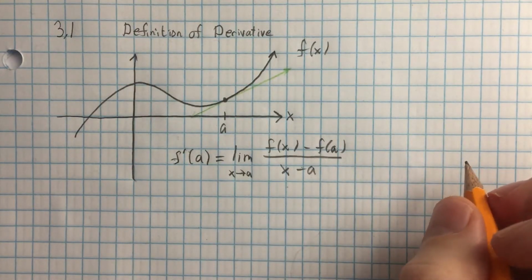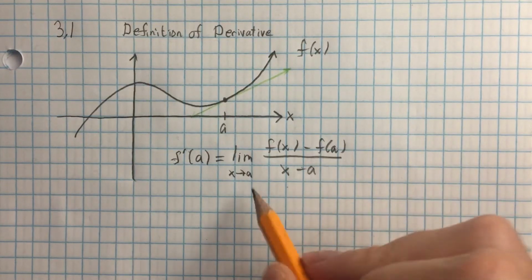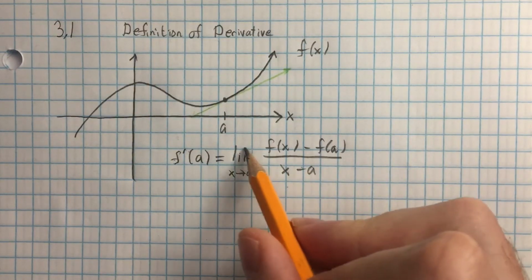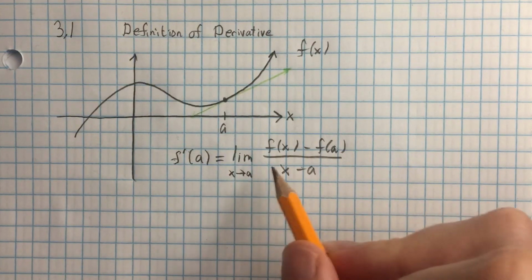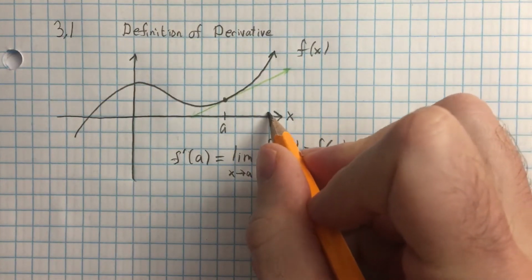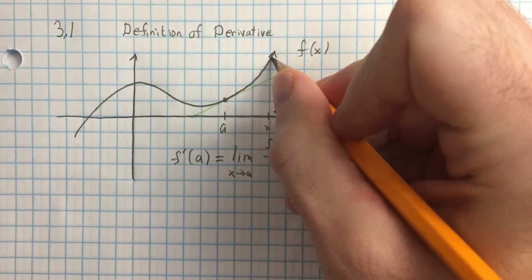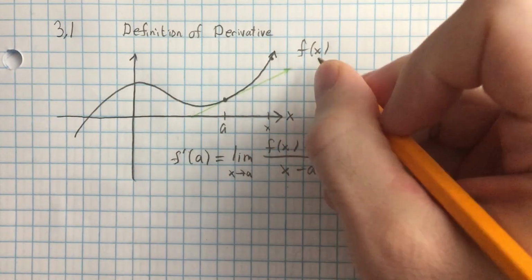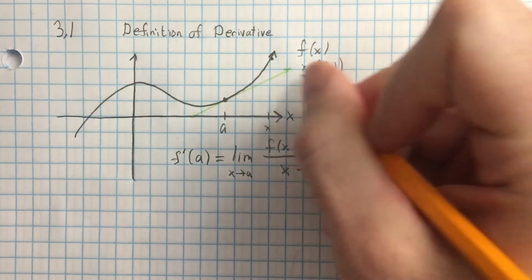We had this in 2.1 when we did the approximation and guessing. The only difference now is we've written a symbol, the limiting symbol as x approaches A, instead of just suggesting that x is getting close to A. So here's x, and up here again is x comma f of x, right?